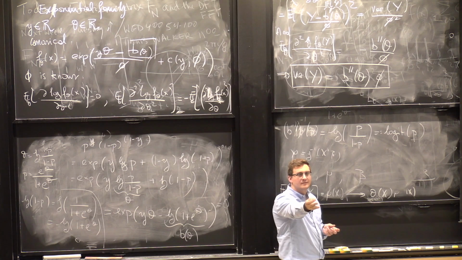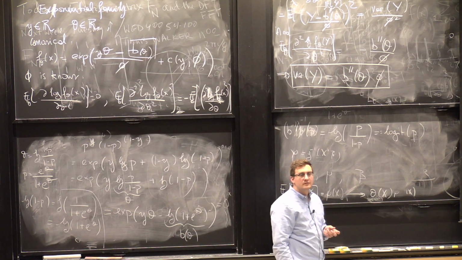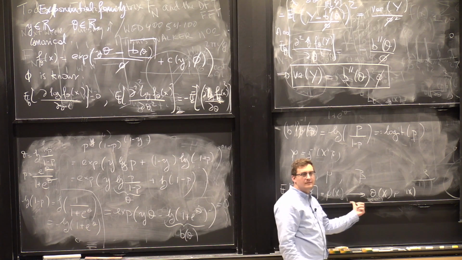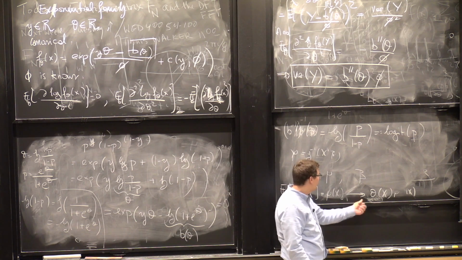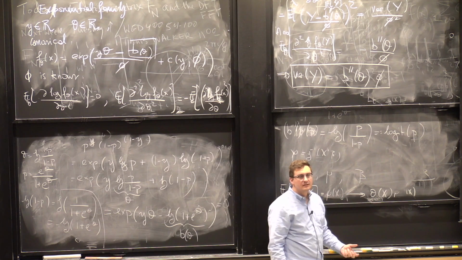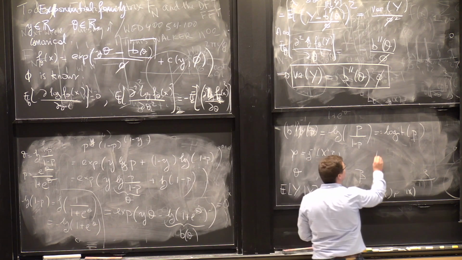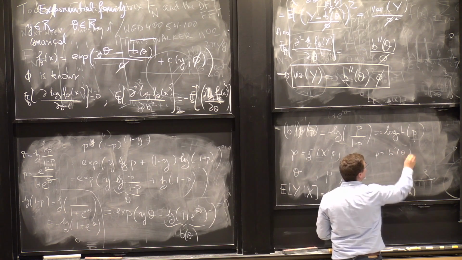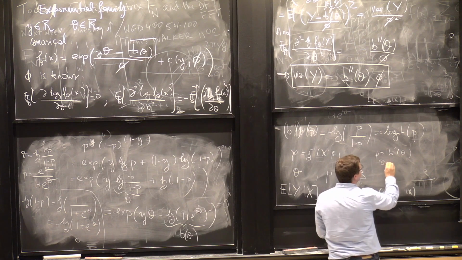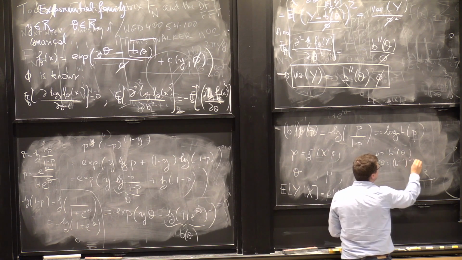If theta as a function of mu is? Yeah, right? So we just computed that mu was b prime of theta. So it means that theta is just b prime inverse of mu.